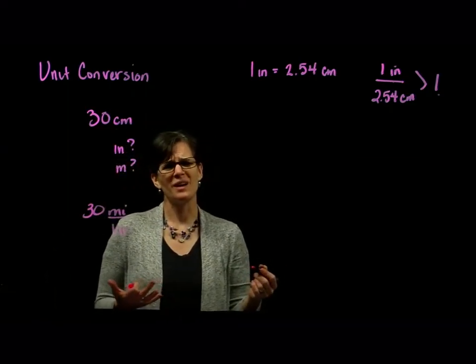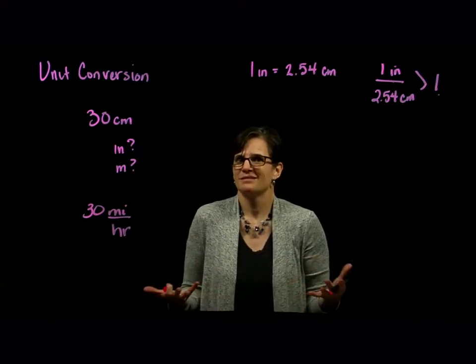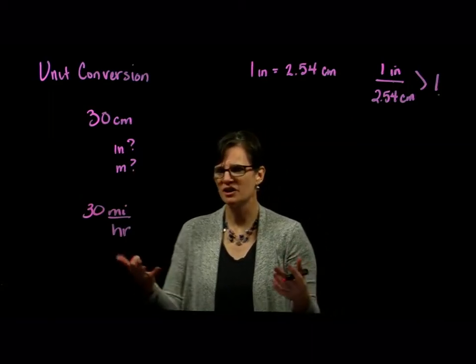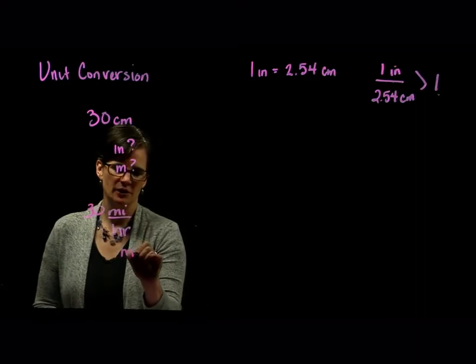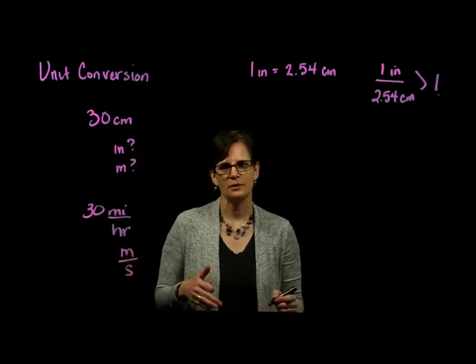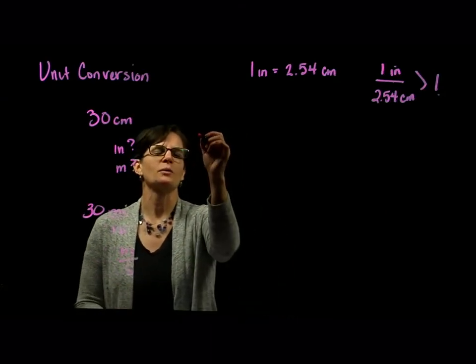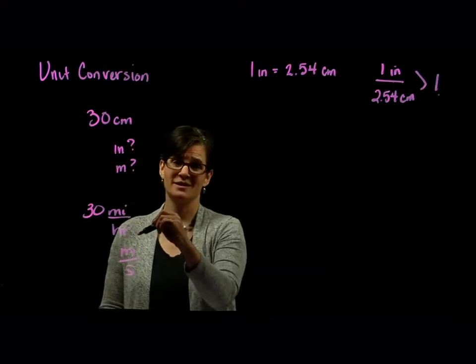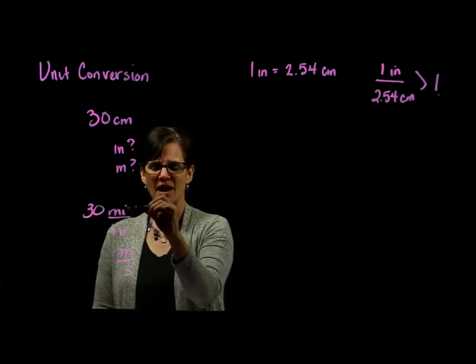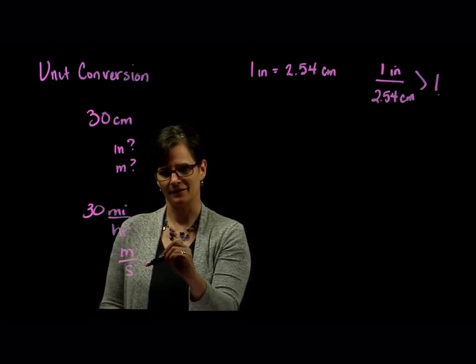And I work in a discipline that uses the metric system. So how much is this in meters per second? So 30 miles per hour in meters per second. We'll do that first, then we'll do a power one. So now I have two units that I have to convert. I need my miles to end up as meters, and I need my hours to end up as seconds.